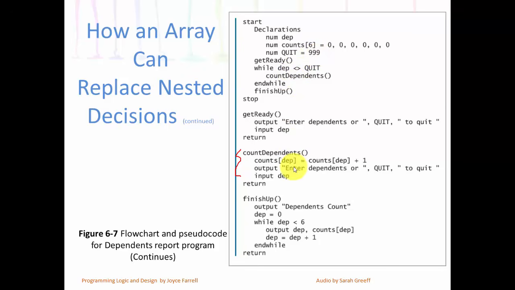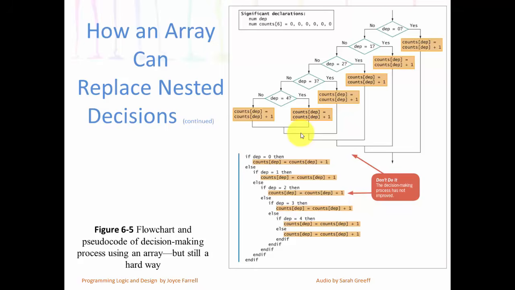So the user has got control here of how many employees and their dependents we are going to be entering in. So we can count how many total 0 dependents, 1 dependents, 2 dependents, 3 dependents, 4 dependents, and 5 dependents. And that is how we are using a loop, using arrays without having multiple nested if statements.